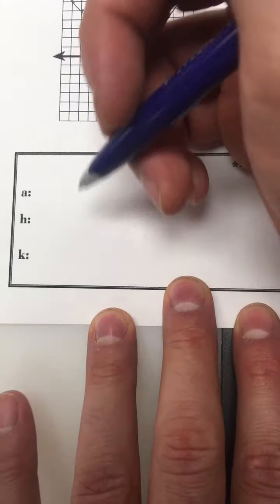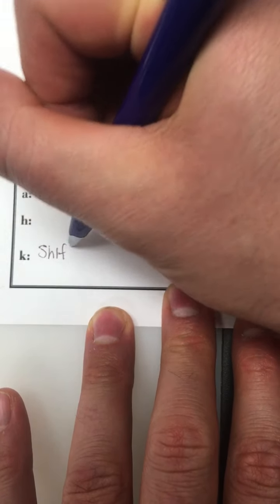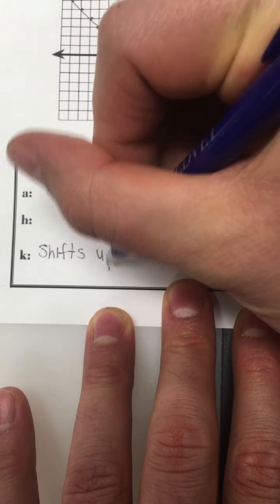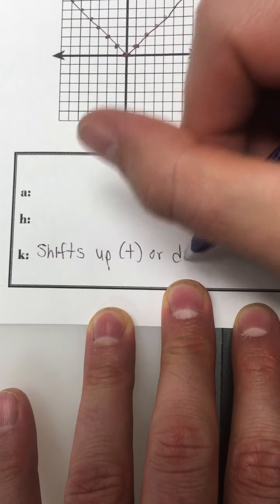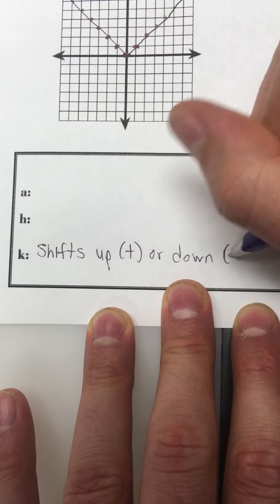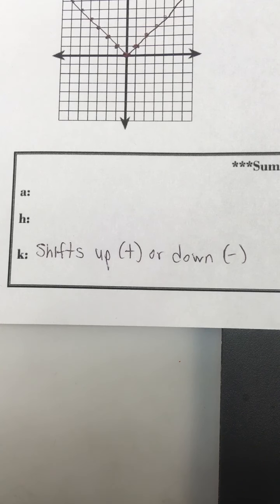So the k value, I want you to write this down, the k value at the end of the equation shifts the graph up if it's a plus, or it'll shift it down if it's a minus. So if you have a plus 7 at the end of any equation, not just linear, but any of these functions, that would move the whole graph up 7. Minus would move it down.